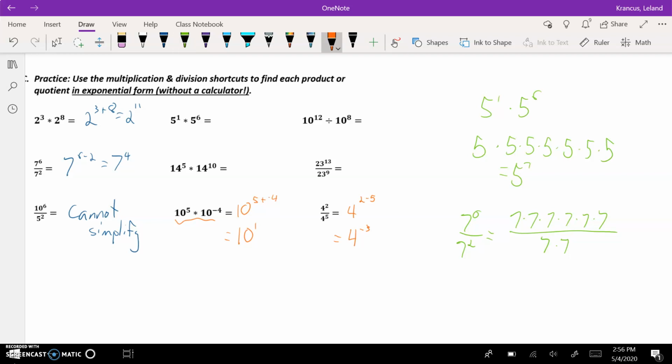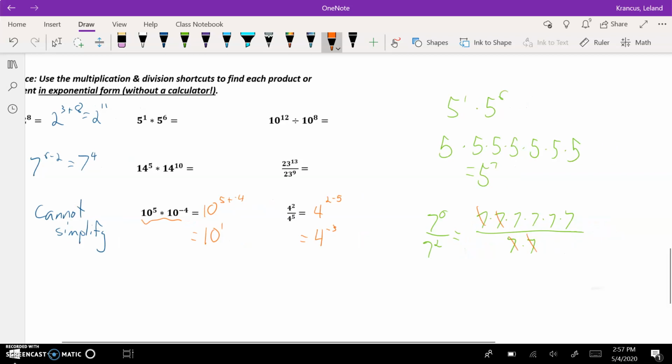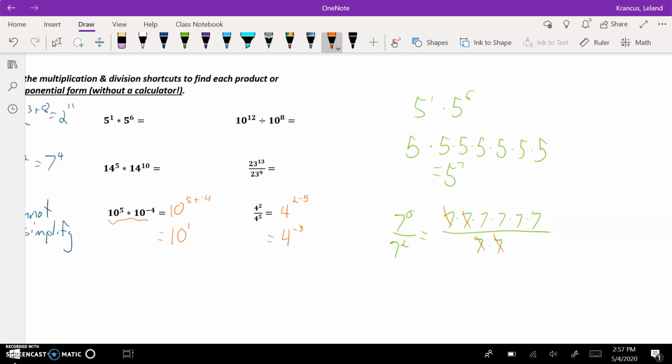If you have matching factors on the top and the bottom of a ratio, 7 over 7 cancels out because that's equivalent to 1. And then what you're left with is four sevens. So this can be written as 7 to the 4th power. So with division, it's a canceling out type process.